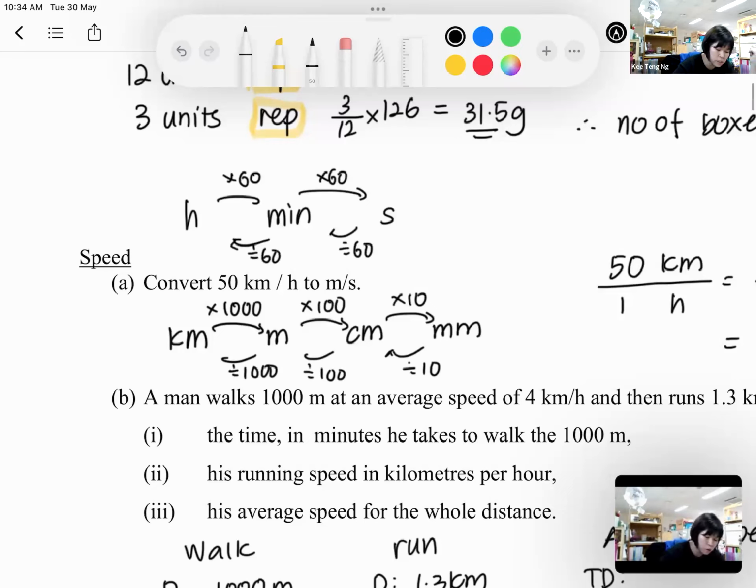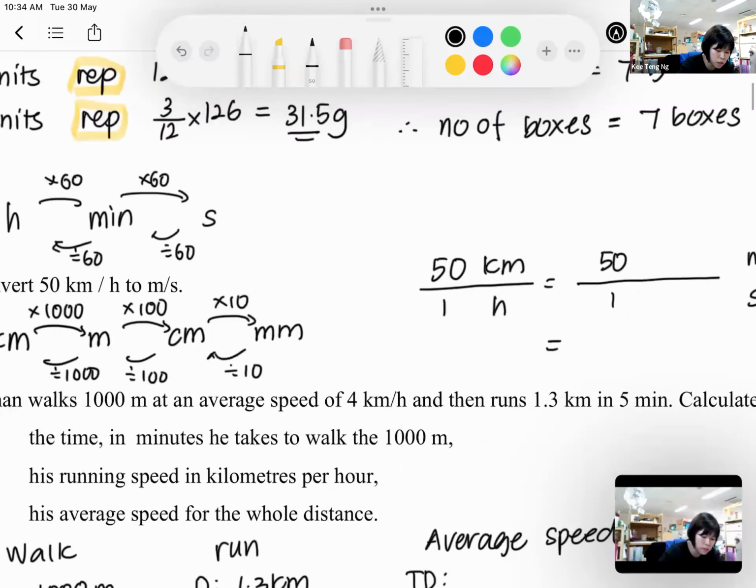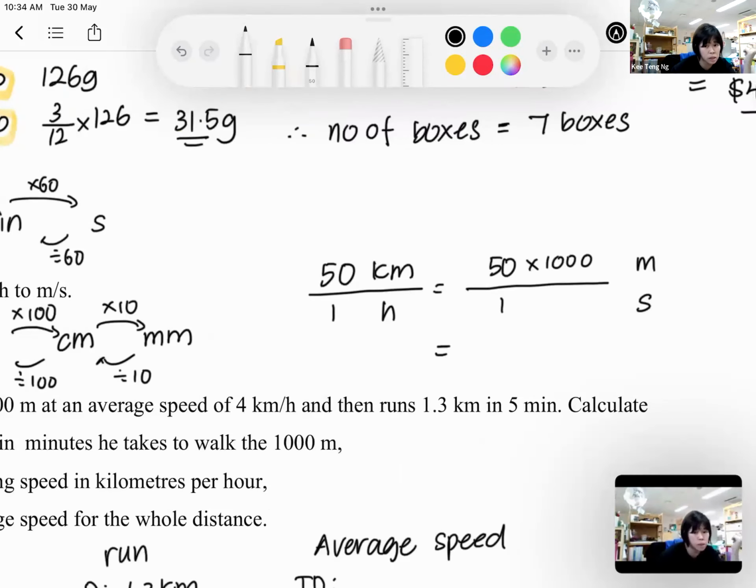Okay, so in this case, 50 kilometer per hour, change the kilometer to meters, so 1000 over 60 times 60, meters per second. But if the answer is not a nice number, then we keep it as a fraction, please.